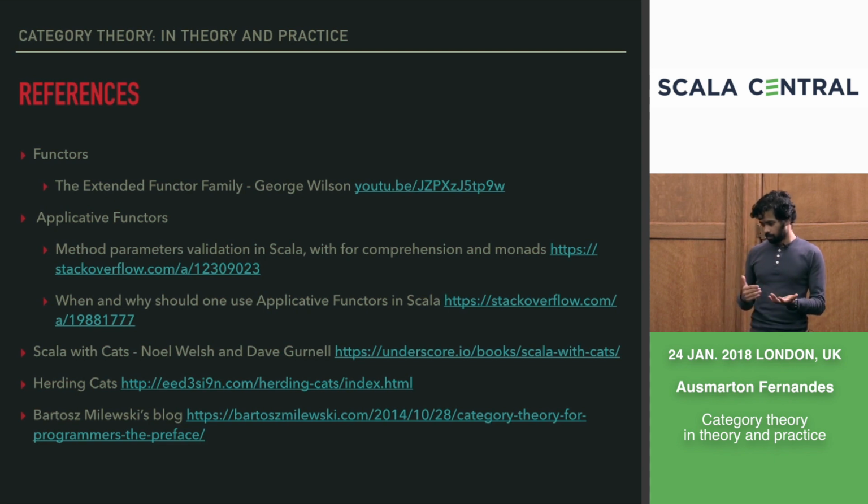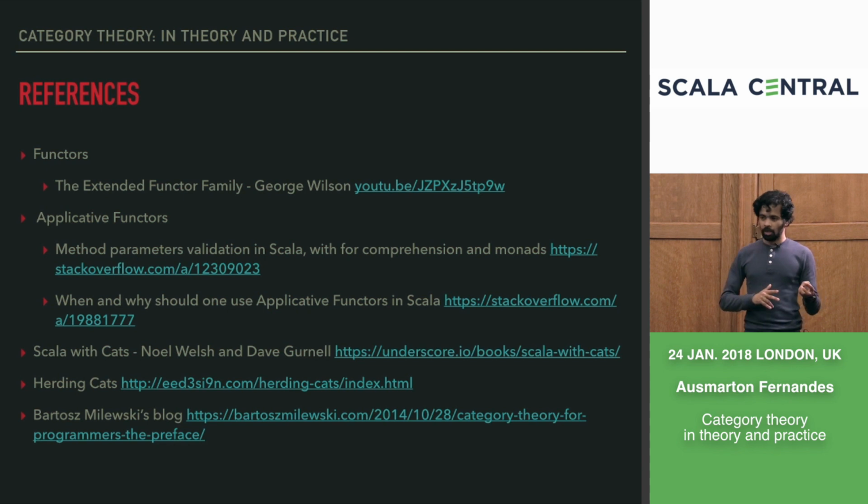There are also some references from Stack Overflow, which I used while trying to understand the difference between monads and applicative functors, because I've always found it a bit of a gray area as to when you would use a monad and when you would use an applicative.